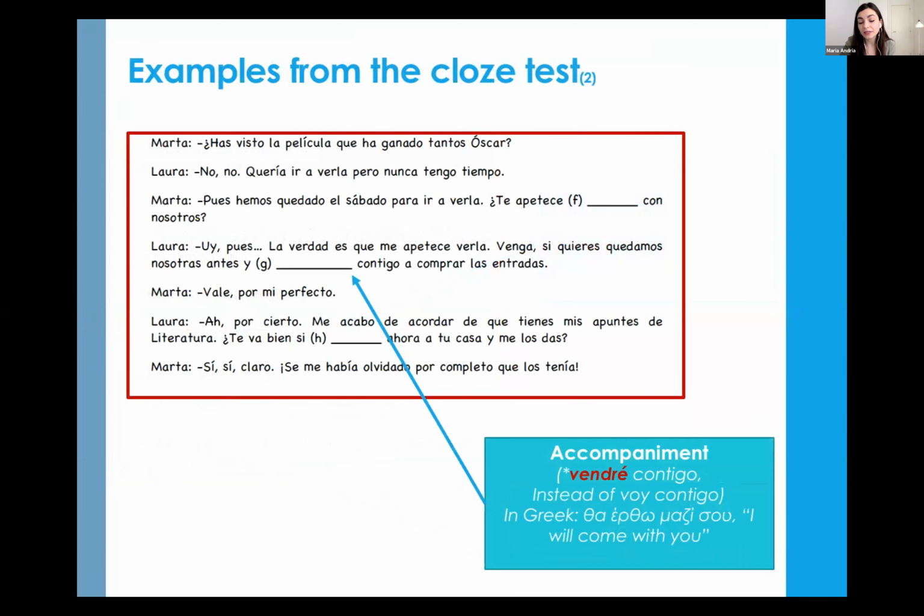The same thing for cases of accompaniment, where in Spanish we expected the verb to go, voy contigo a comprar las entradas, Greek speakers tended to use more vendré contigo, transferring the pattern in Greek, which is θα έρθω μαζί σου, I will come with you.